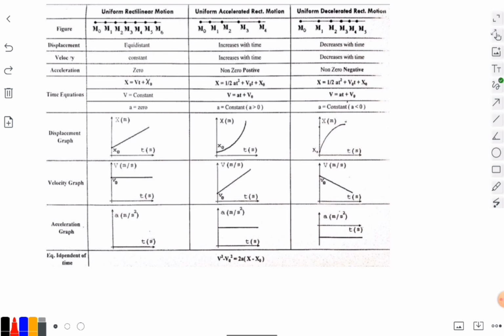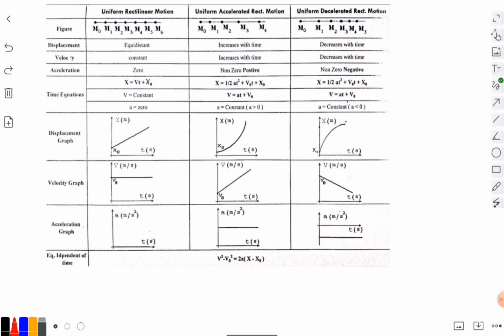So, the displacement in uniform rectilinear motion is equidistant. In uniform accelerated rectilinear motion it increases. In uniform decelerated rectilinear motion it decreases with time. The velocity in uniform rectilinear motion is constant. The velocity in uniform accelerated rectilinear motion increases with time.